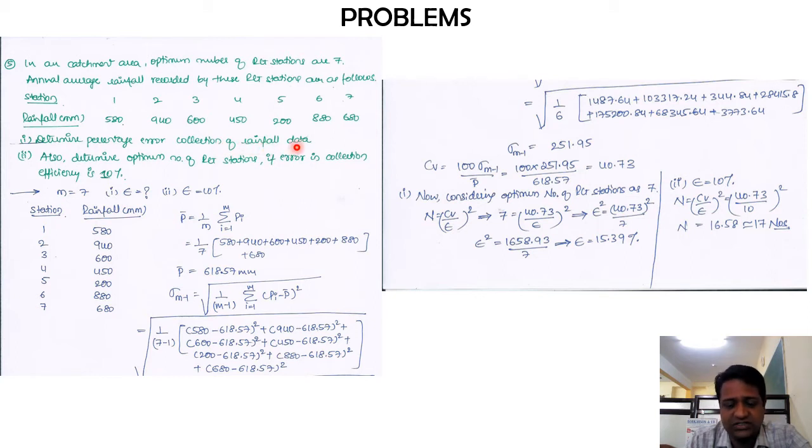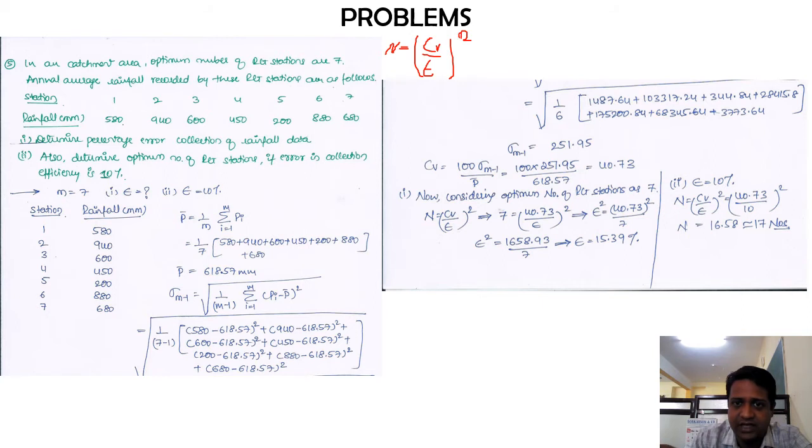Determine the percentage error in the collection of rainfall data. This is the first one, where for this fixed optimum number of rain gauge stations as 7, we need the percentage error. Ultimately, we have N equals (Cv divided by epsilon) the whole squared. This is the entire formula that we have.